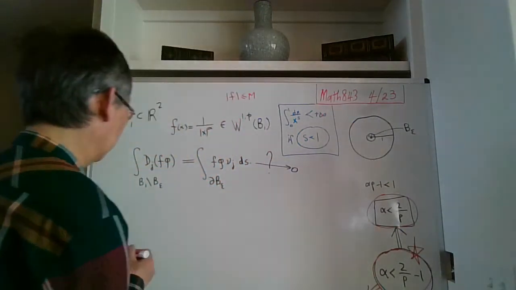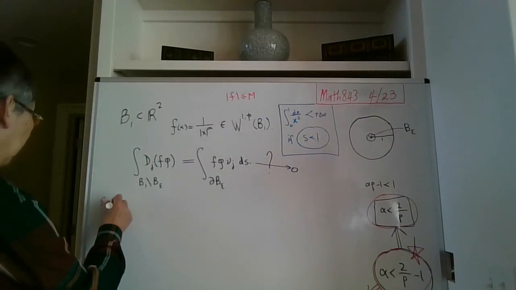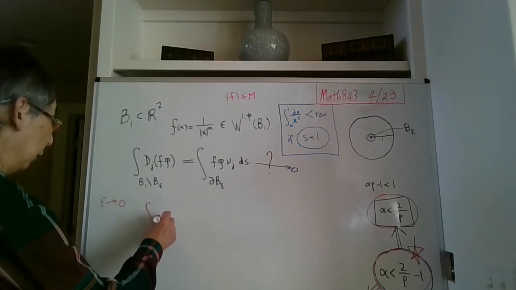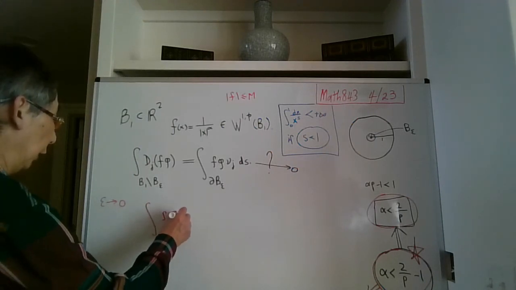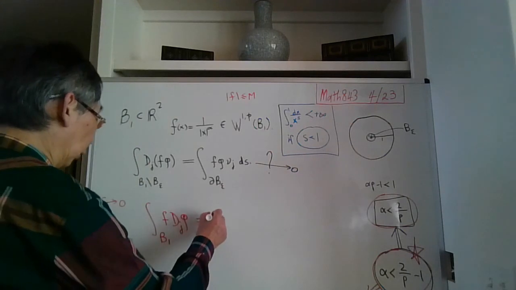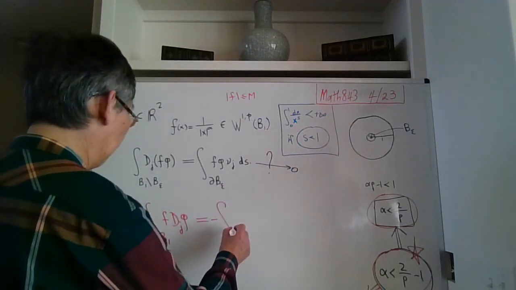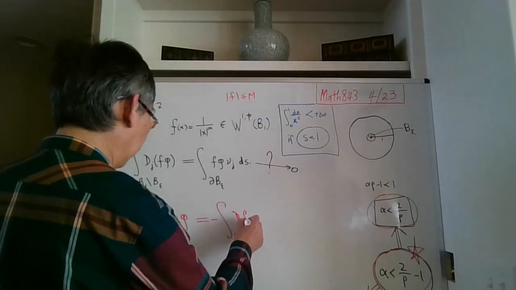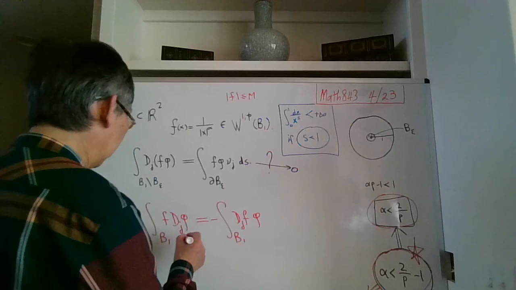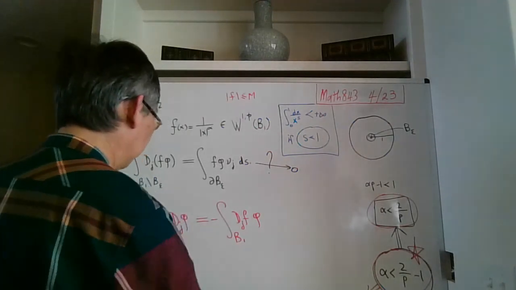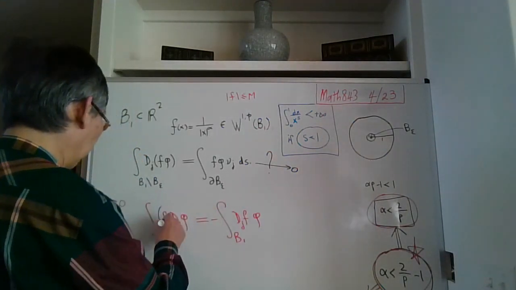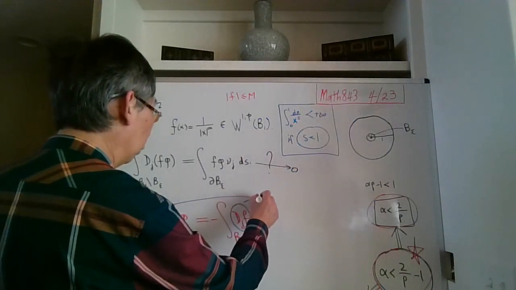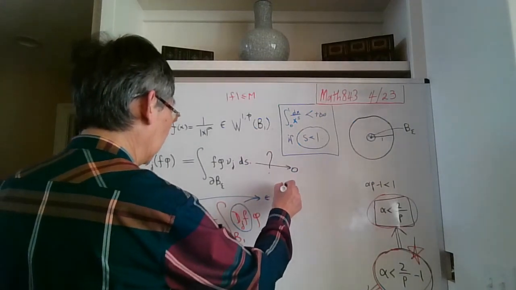Then you can see the integral over B1 of f dj phi equals minus the integral over B1 of dj f times phi. And with that condition, both functions f and djf are in LP.